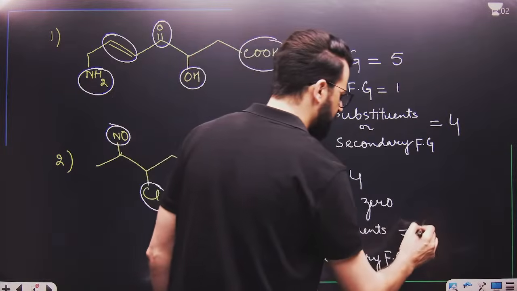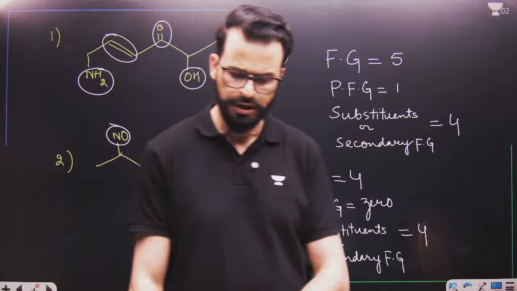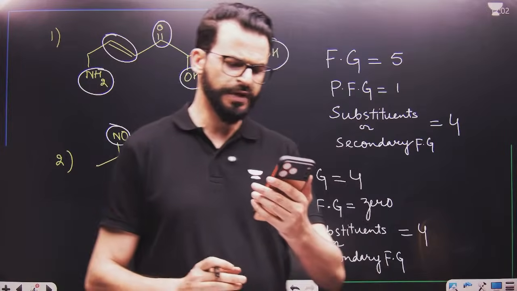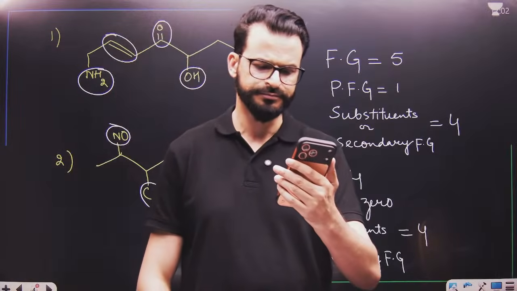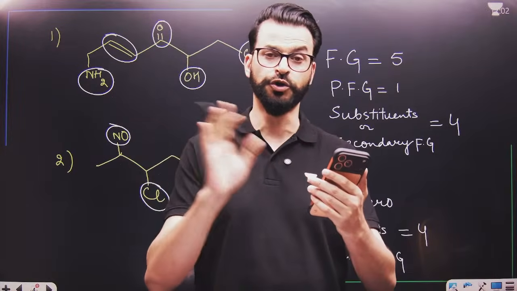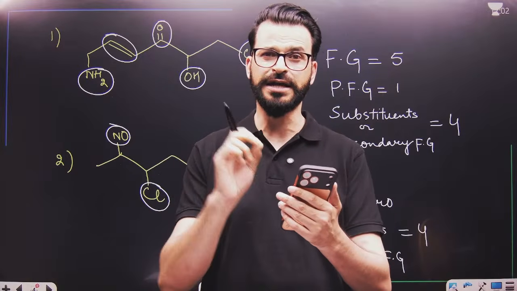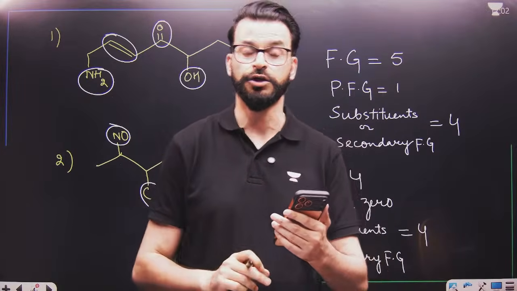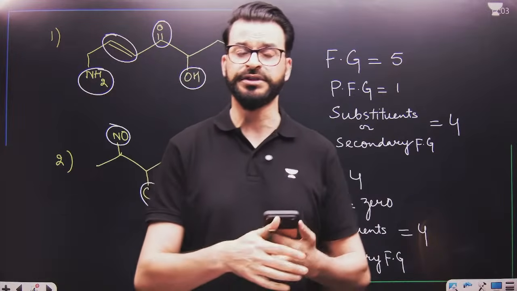My dear lovely students, how many secondary functional groups or substituents will be there? Come on, tell me. Now tell me how to name this compound. Don't write down the name directly. You have to remember, for naming an organic compound, there are 3 parts.